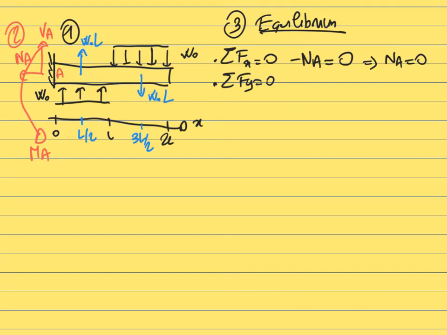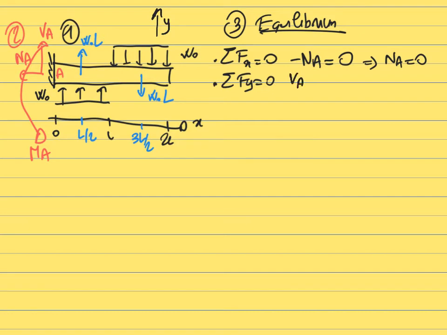W naught L. So now let's write that the sum of the projection of the forces along the axis y has to be equal to 0. In this case, we have first VA. VA has a positive projection, going towards the positive y, where y is an axis going up.